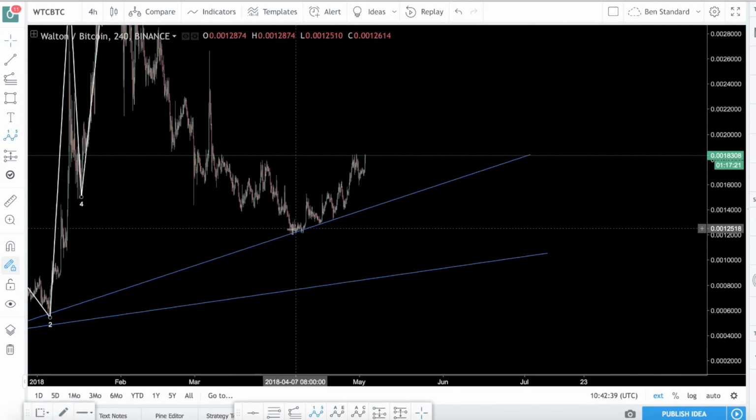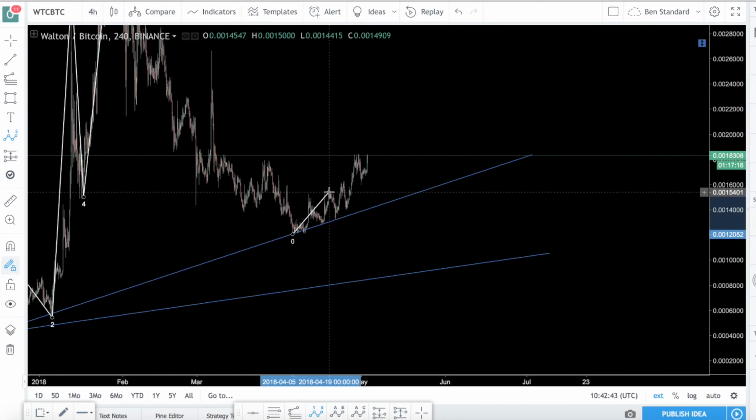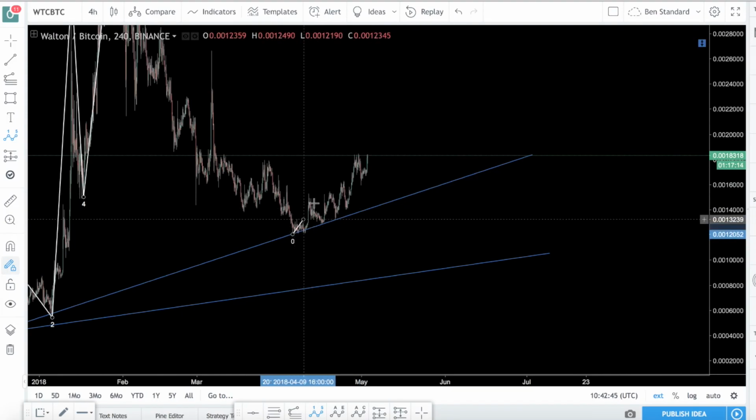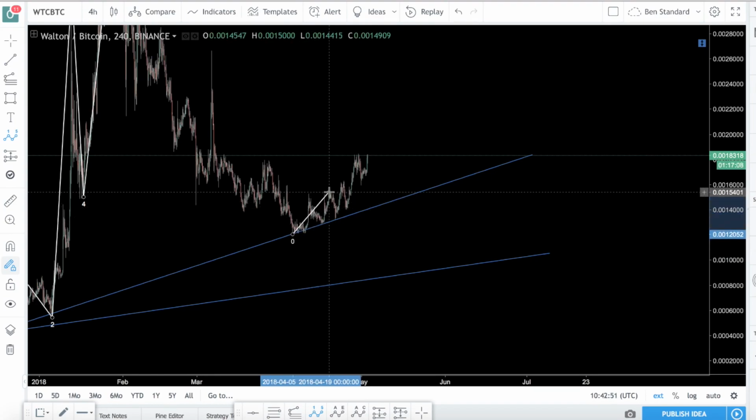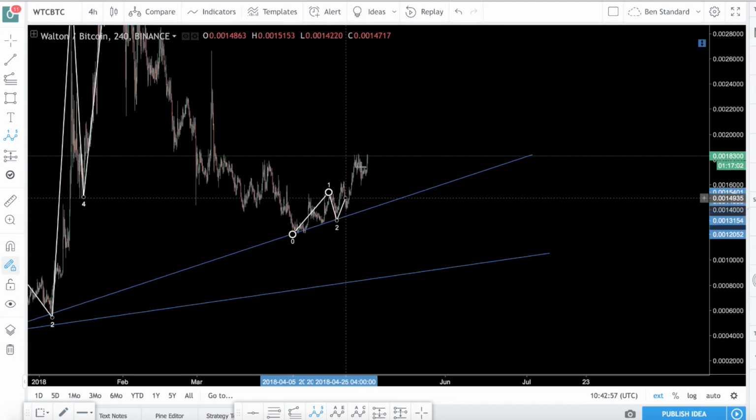we can see that we've finished a first wave, which consists of 5 subwaves. 1, 2, 3, 4, 5. Second wave, correction wave, and now we're forming a third wave, which consists of 5 subwaves.